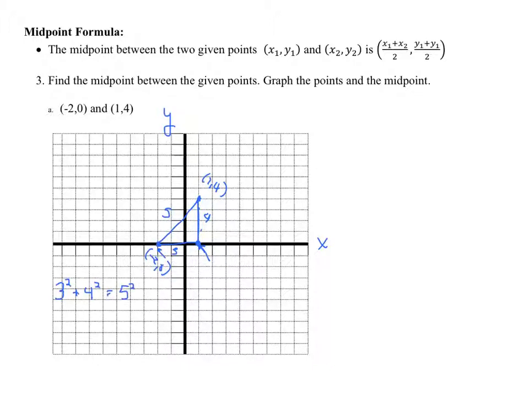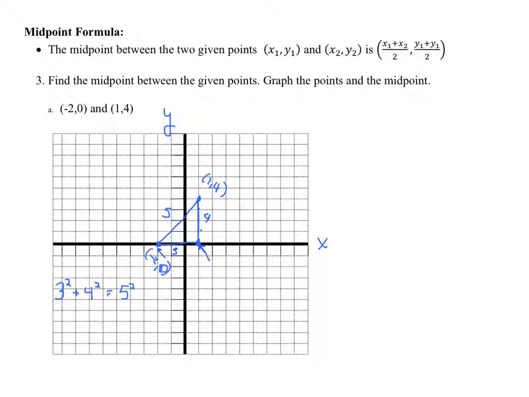So the distance from here to here will be subtracting these y values, okay? And the distance from here to here will be subtracting the x values, okay? And then because it forms the right triangle, we can use the Pythagorean theorem to get the hypotenuse. Cool. Ta-da! For the distance.